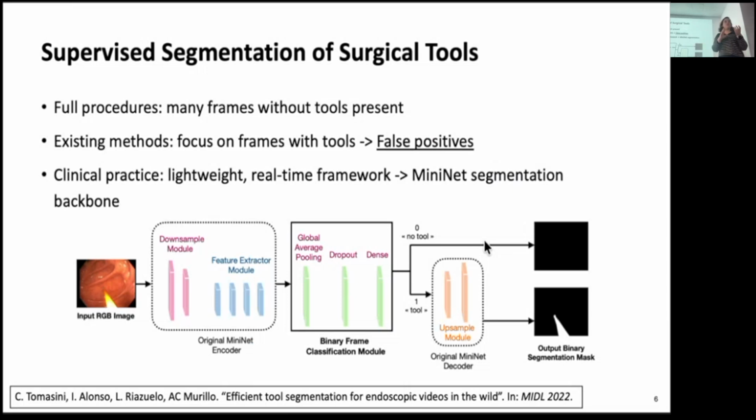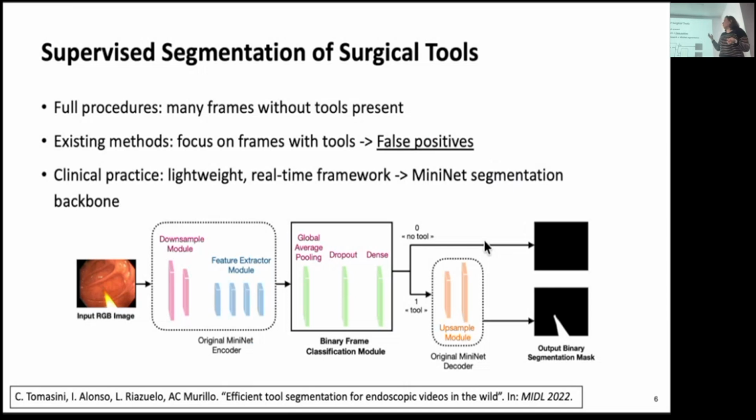The existing methods usually focus on just the frames with the tools. That's cool, it works well, but in practice, most of the frames you don't have tools. You have very small, like maybe 200 frames, so you have actually a tool, and then you have nothing. And the images without tools, you get a lot of false positives.